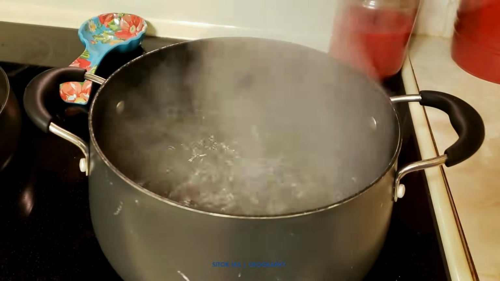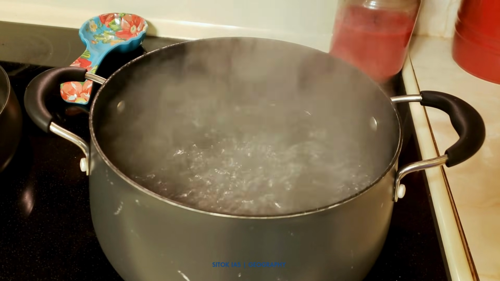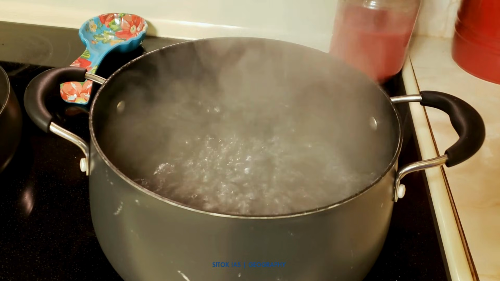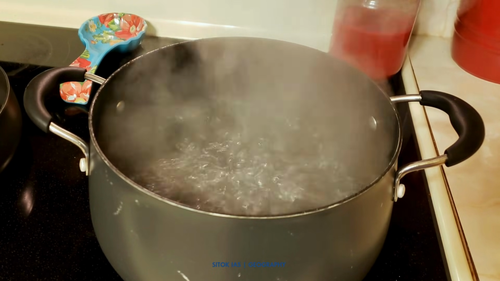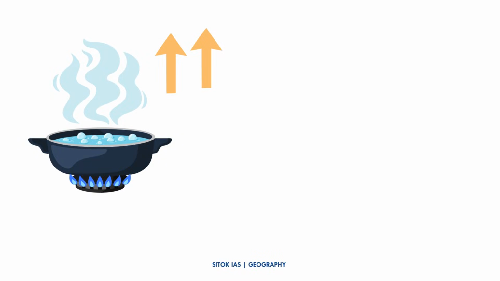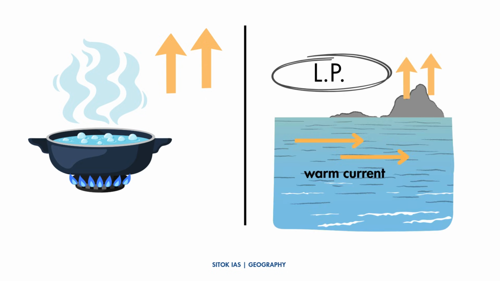We have here a boiling pot of water. What do we see? There is hot water, and that results in steam rising. So, air actually rises. When there is warm water, air around it will rise. Let's compare this to an ocean scenario where there is a warm current and this results in air rising and creating a low pressure area.